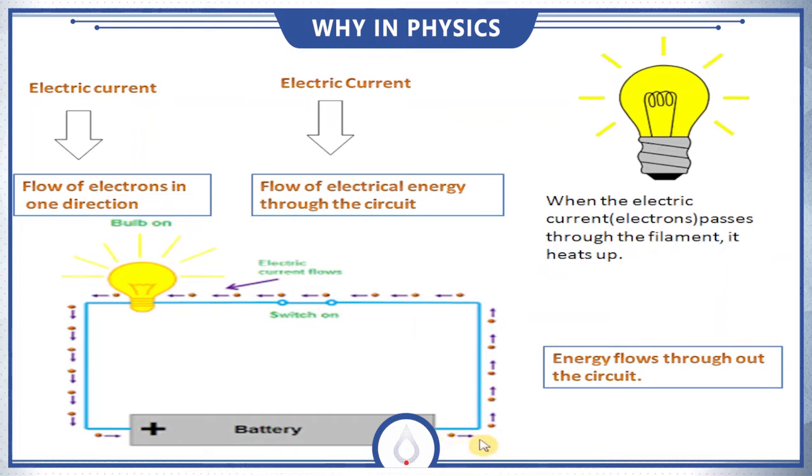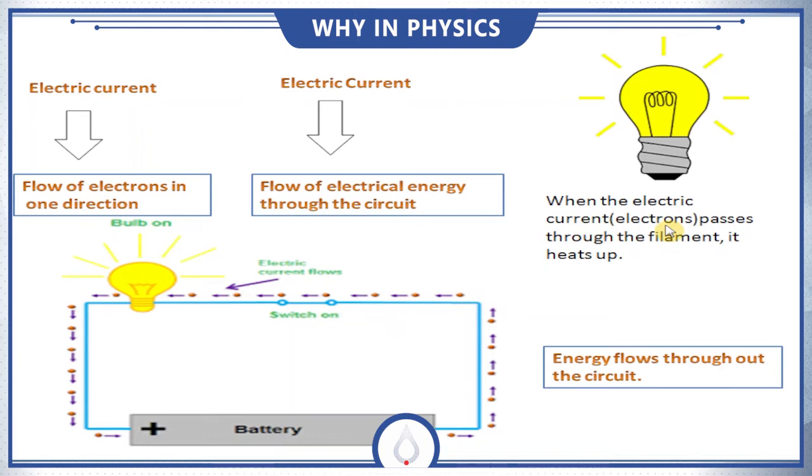The negative terminal of the battery repels the negatively charged particles, electrons. When the negative terminal repels electrons, the next electrons are further repelled by each other. In this way electrons are flowing in the circuit. Electrons flowing means the current is flowing, meaning current is flowing in the circuit.